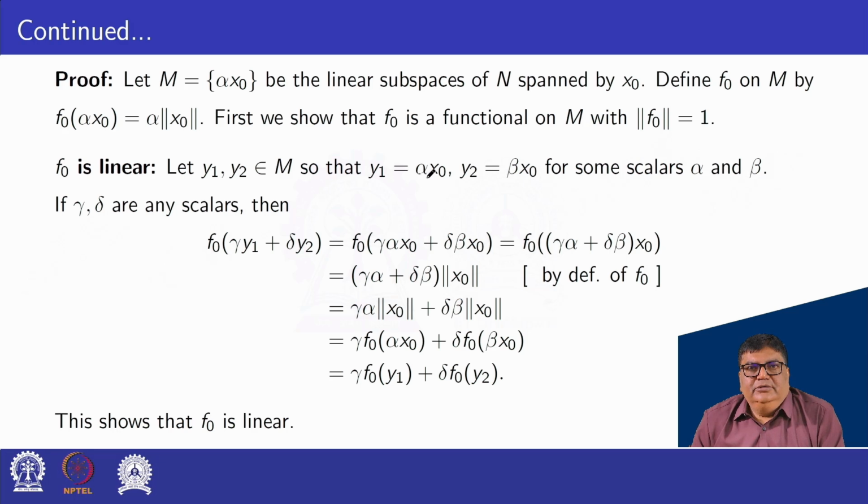Alpha x0 is y1, beta x0 is y2. So this is gamma f0 of y1 plus delta f0 of y2. So f0 of gamma y1 plus delta y2 is equal to gamma f0 y1 plus delta f0 y2. This shows that f0 is linear.